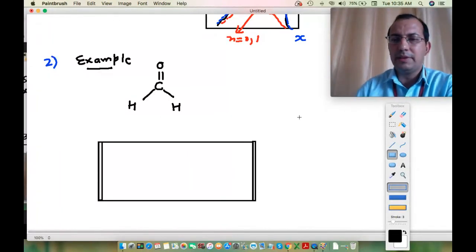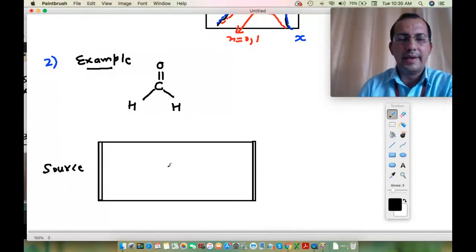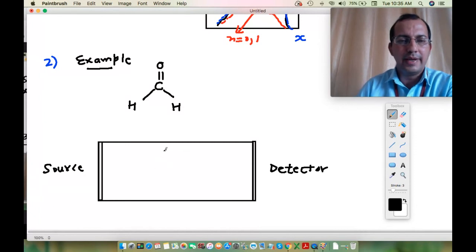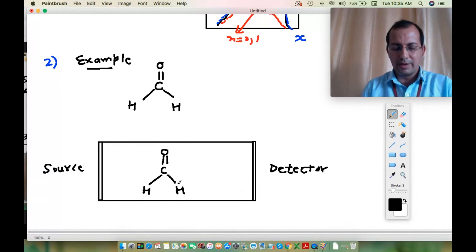That's the basic configuration of any spectrometer which you study. And here you have the molecule, meaning I'm putting the chemical formula of the molecule here, but entirely it is not one molecule; it will be the combination of all the molecules which will be forming your material.